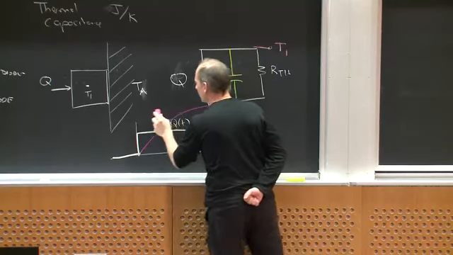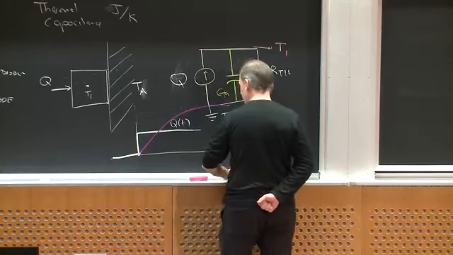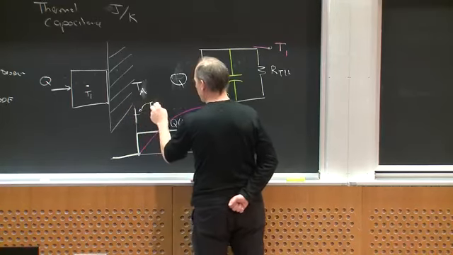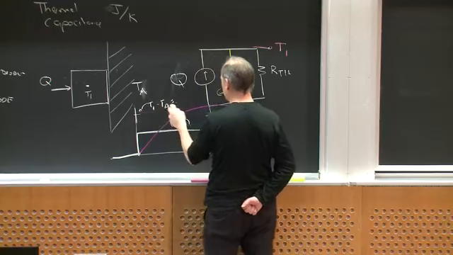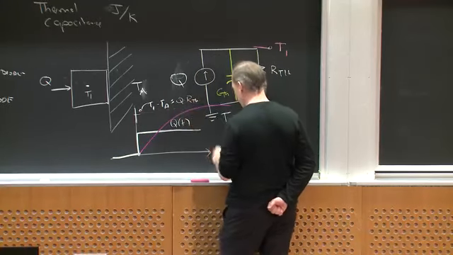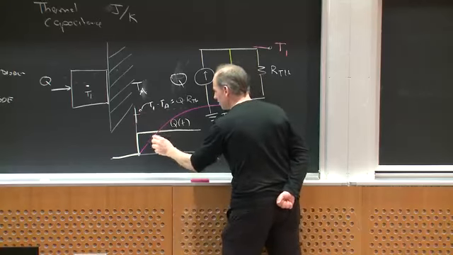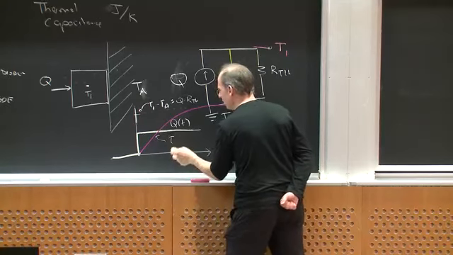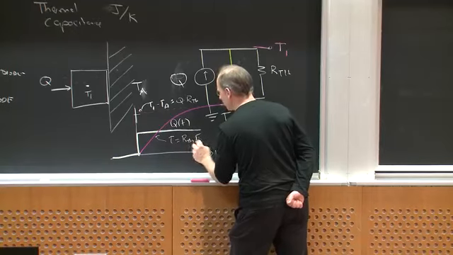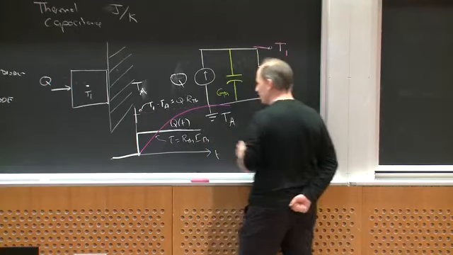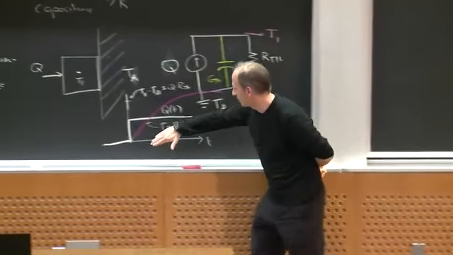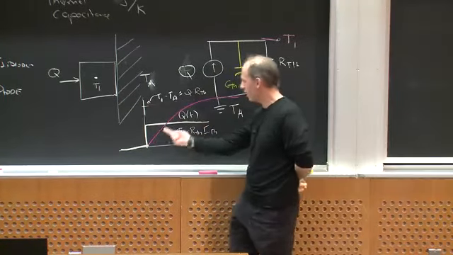Eventually, the final value is going to be T1 minus T ambient equal to Q times RTH. That's its final value. And it's going to rise with a time constant, tau, that's equal to RTH, CTH. So it won't immediately get hot, it'll just rise over time.